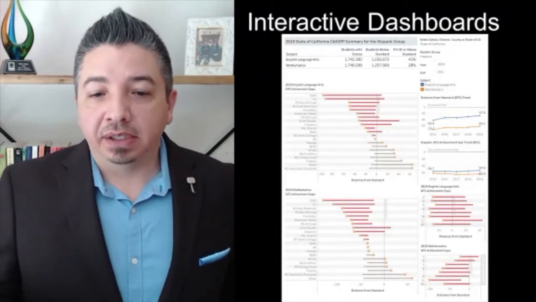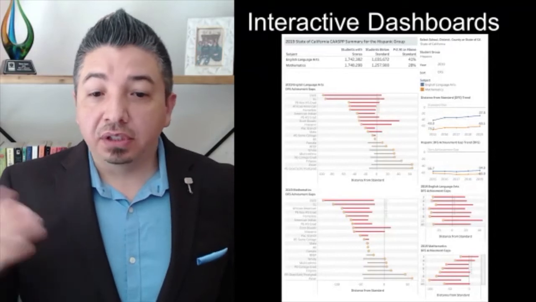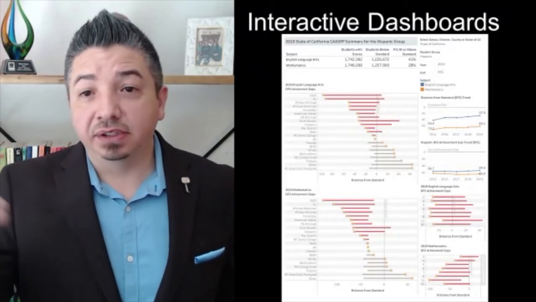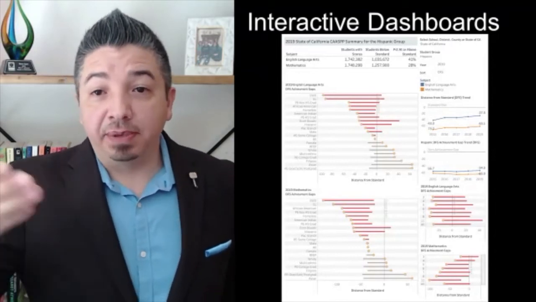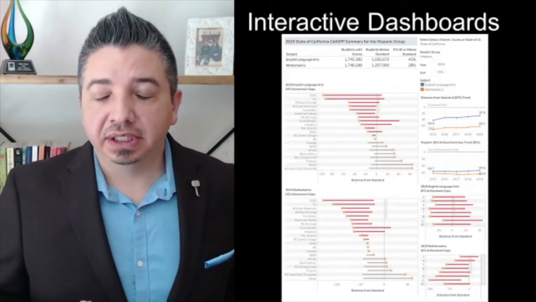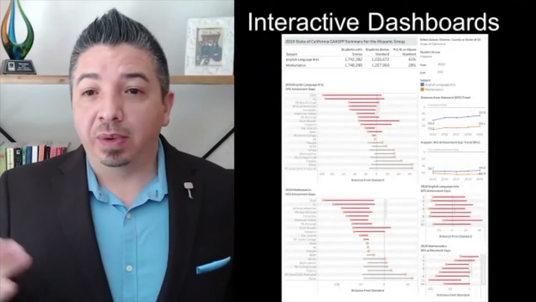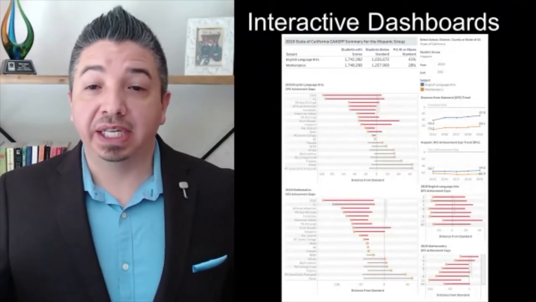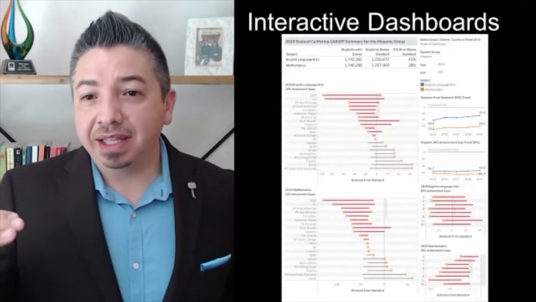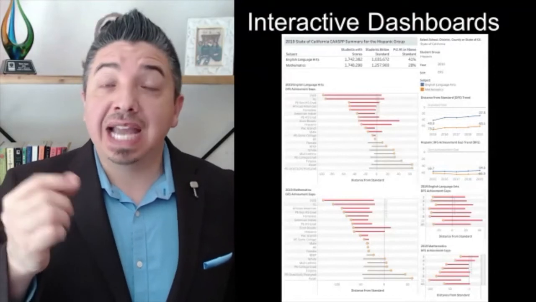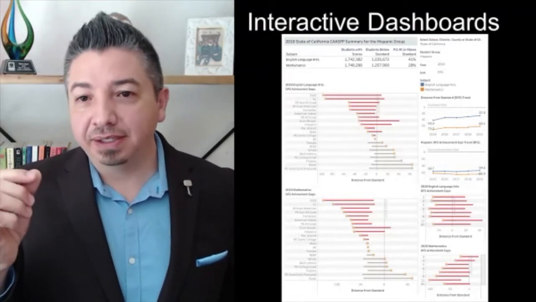And then we also have the ability to see trend lines where you can see DFS, distance from standard. You can compare math and English language arts. In addition, you can see what's happening with the gaps over time. When you look at math, the gap has actually increased a little bit.